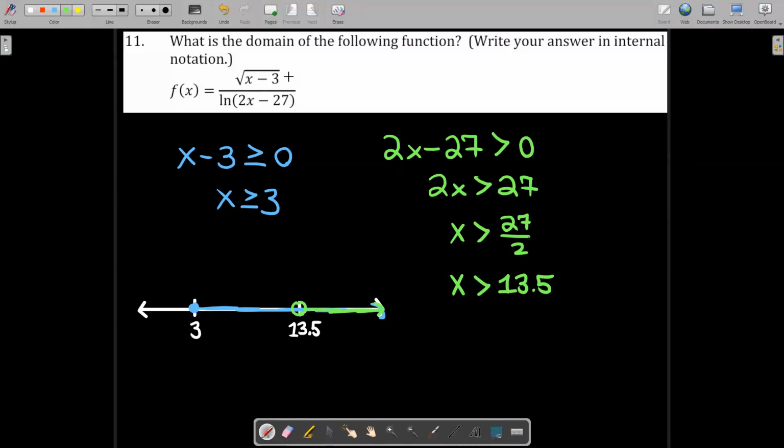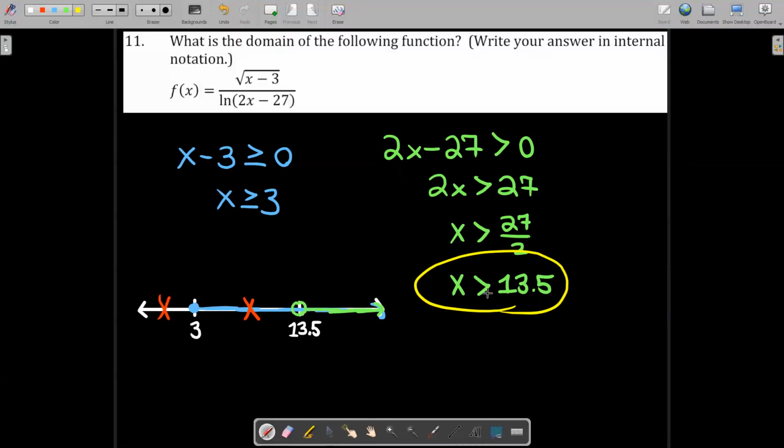It's irrational, but it's real. But down here, if I chose 5, 2 times 5 is 10, and 10 minus 27 is a negative number, and that's not allowed. So I can't use this section. I can't use this section. I have to only be able to use the section that is both blue and green.